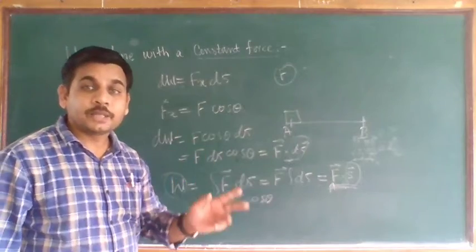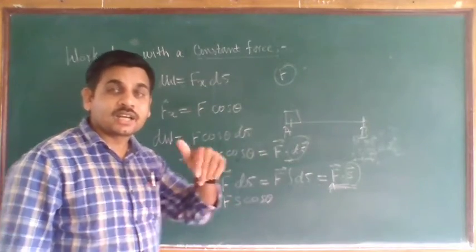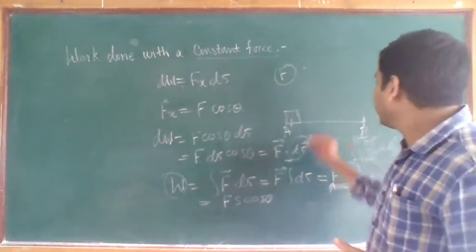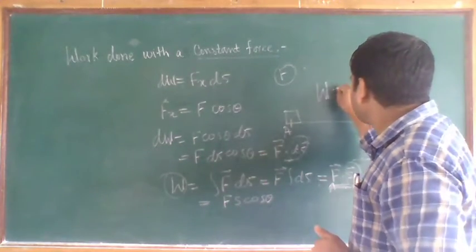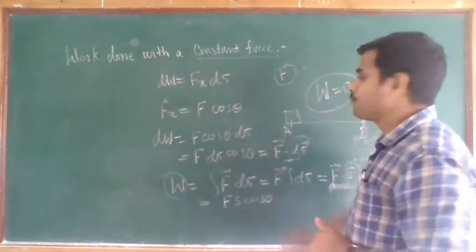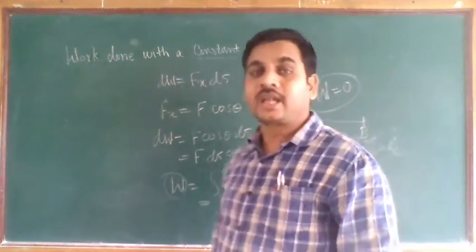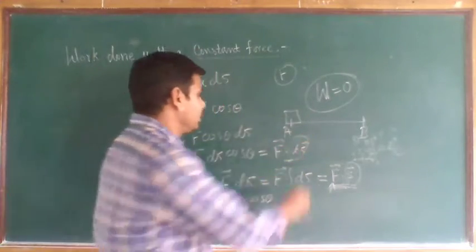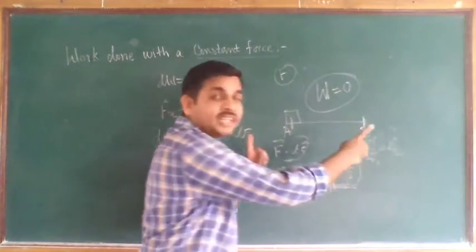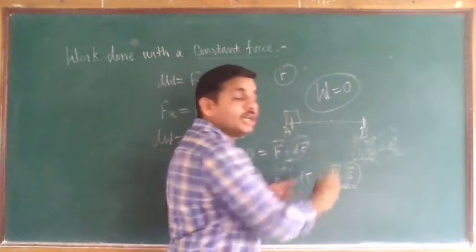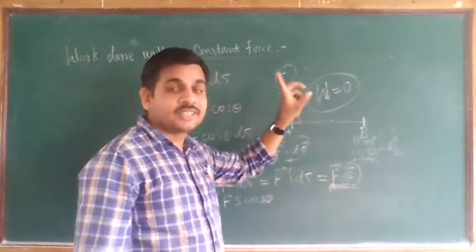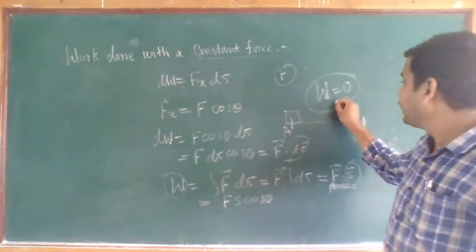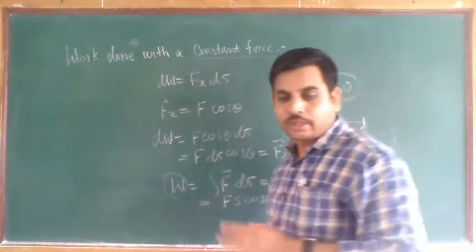Again, if you consider the round journey, then the work done is equal to 0. Because the work done depends only on the endpoints, not on the intermediate path, if you consider the round journey, the total work done will become 0.